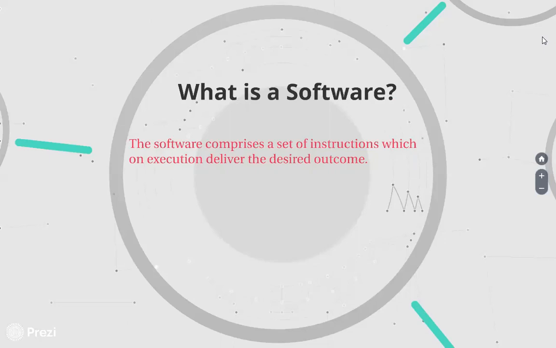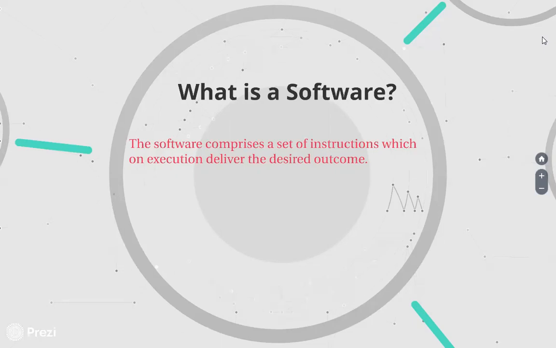Through software, you are giving instructions to the system or to a particular hardware to do a particular task. Software is very important because if you are not giving any instruction to a particular hardware, it will never work. So to make your hardware operational, to make your hardware run, we need software.